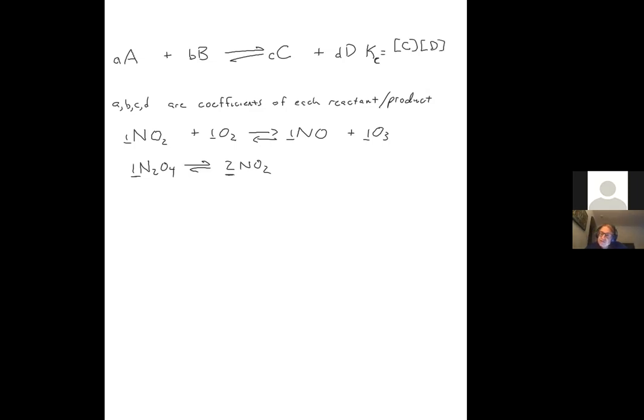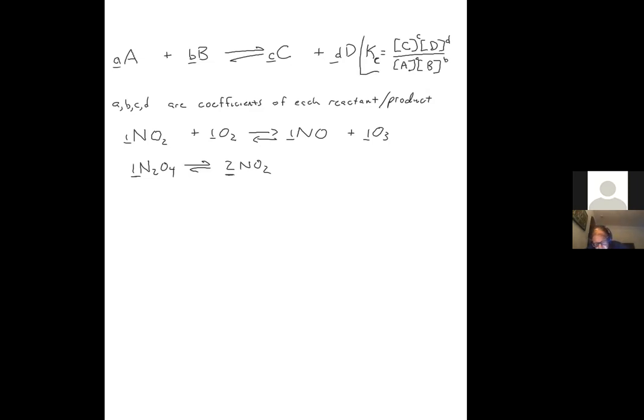Remember our bracket notation? Molarity, right? Moles per liter concentration. Divided by the product of the concentrations of the reactants. But we raise them to the coefficients. So [C]^c [D]^d over [A]^a [B]^b. So it's a very interesting expression.